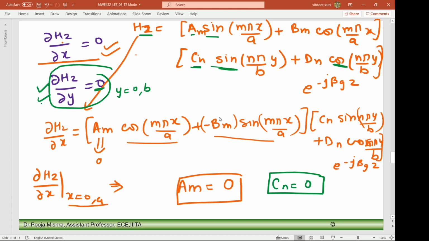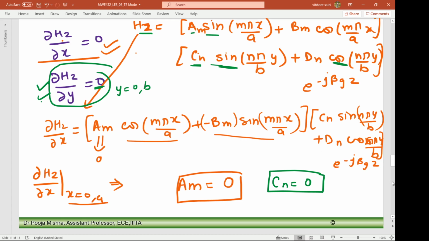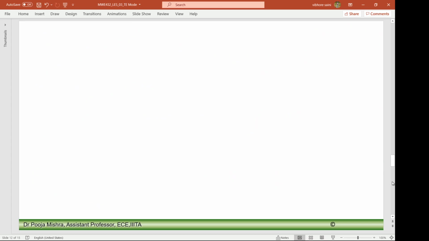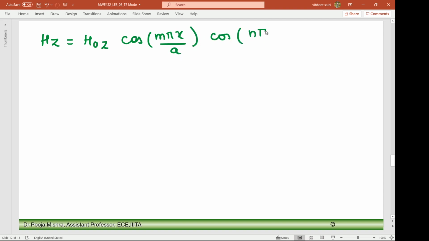So the solution for Hz will become, let's say the constant term is H0z, the multiplication of B and D, so we'll have only cosine terms: cos m pi x by a cos n pi y by b exponential minus j beta g z.